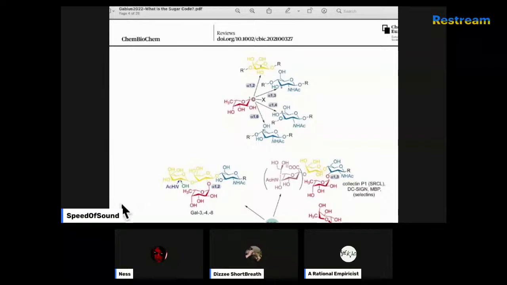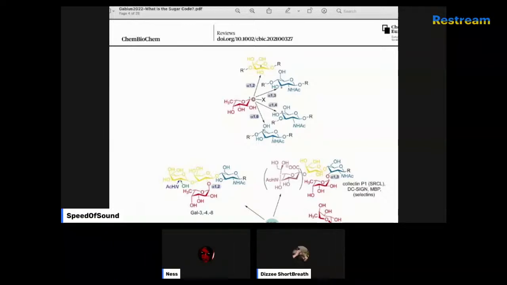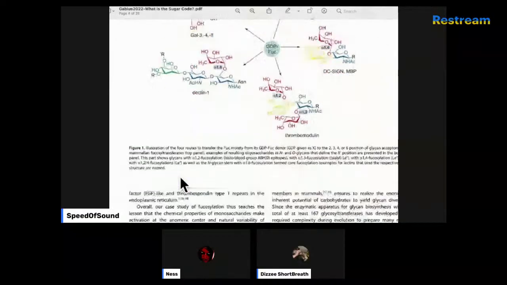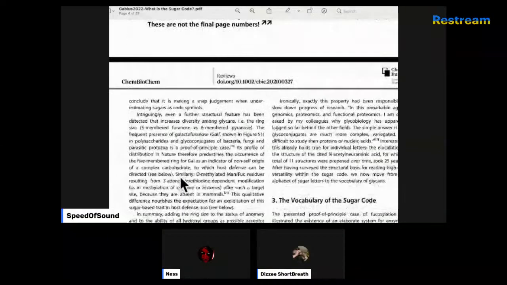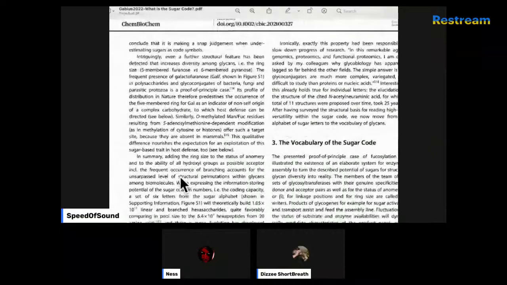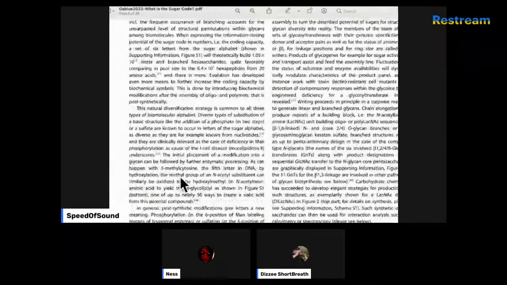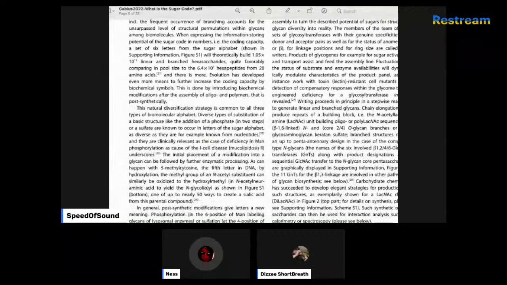These things form sticky surfaces, and sometimes one sugar code might stick to another one on a cell, or your immune system might be able to recognize a particular sugar, but it's not quite what they're going for. Okay, the vocabulary of the sugar code, and this is all legitimate.